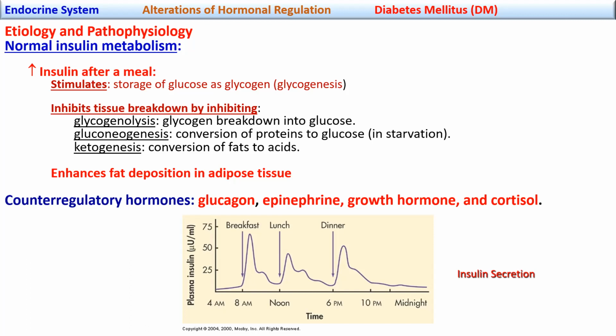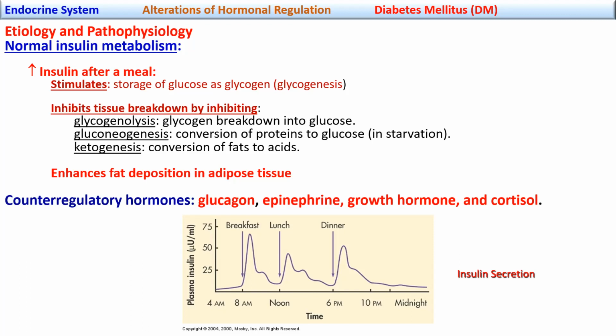The patient will start using the stored glucose or protein, most of the protein being stored either in the liver or in the muscles.